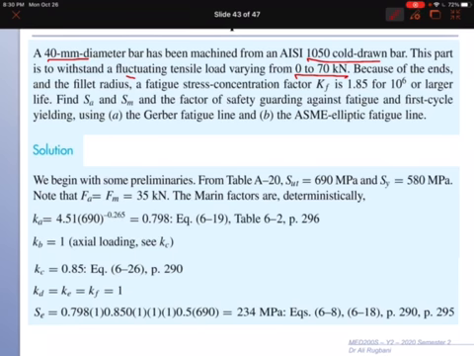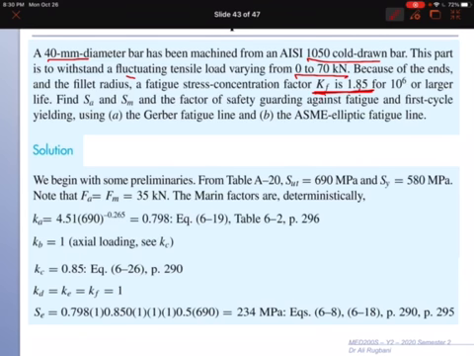And then we have fatigue stress concentration. So the value for Kf is given. You don't need to calculate the fatigue stress concentration factor. Value is given. You just multiply this number 1.85 with your stress.